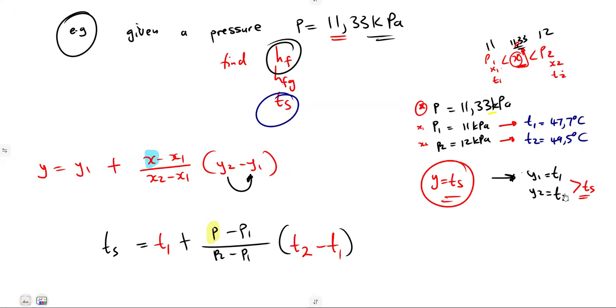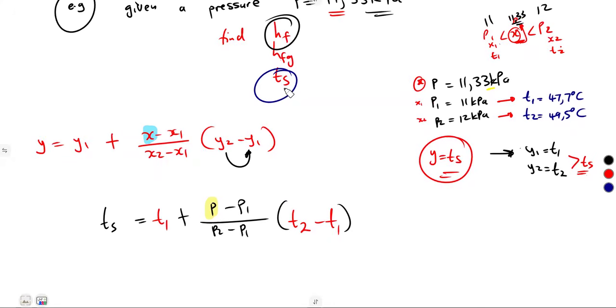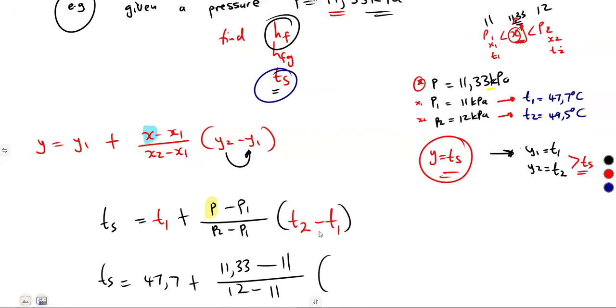Let us simply use our formula straightforward. Since we have to calculate the temperature, our Ts is going to be T1, 47.7, plus P minus P1, this is just a repetition, guys. Our P is 11.33 minus P1, which is 11, over P2 minus P1, 12 minus 11, times T2 minus T1. Our T2, remember, is 49.5 minus T1, 47.7.